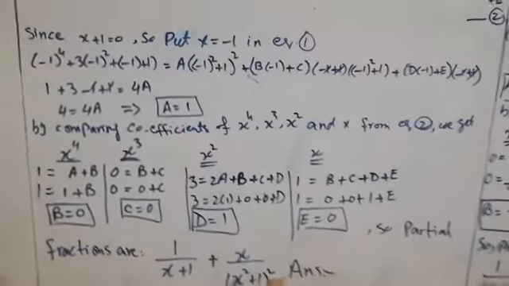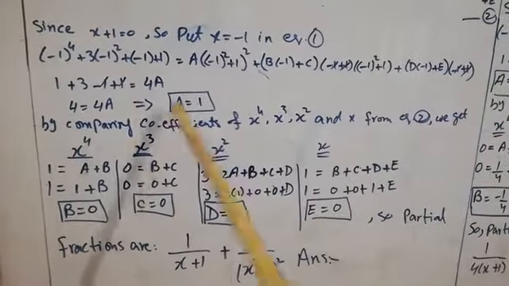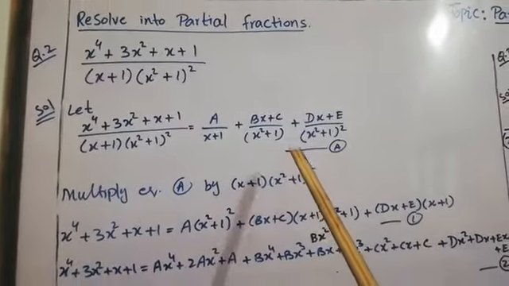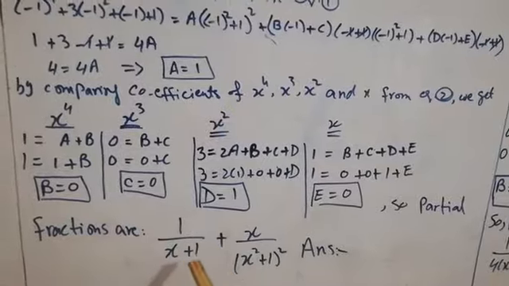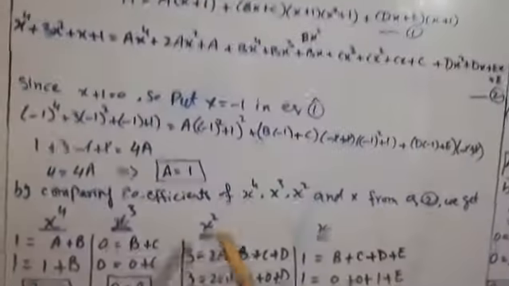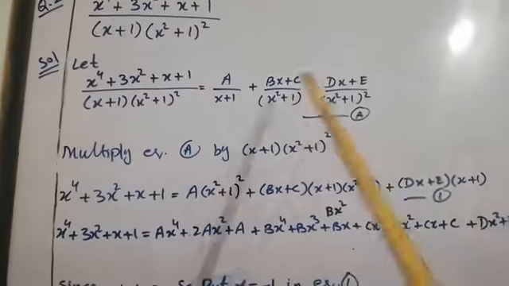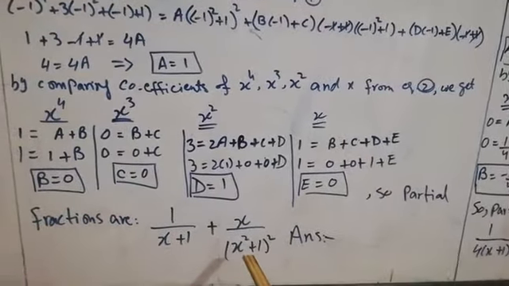Now, my dear students, we put the values of a, b, c, d, e in equation A, and we get the partial fractions: 1 by x plus 1, because a is 1, and b and c are both 0, so we ignore those. D is 1, so x by x square plus 1. This is the required partial fraction.